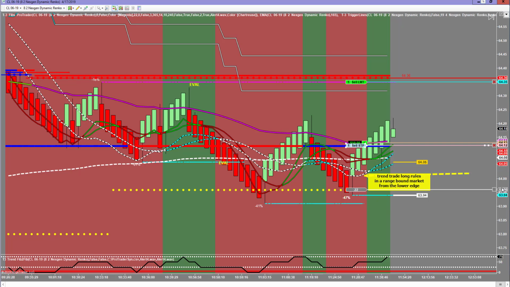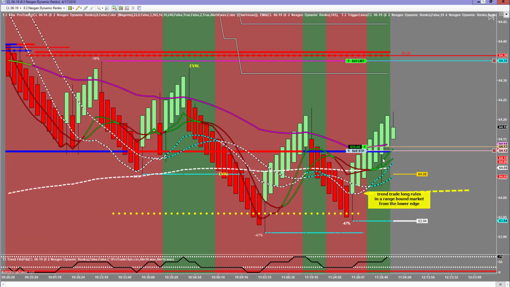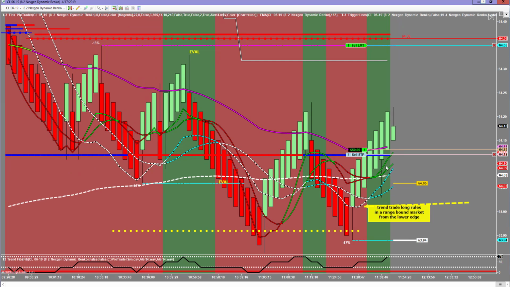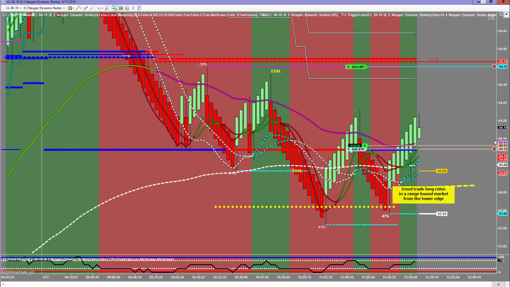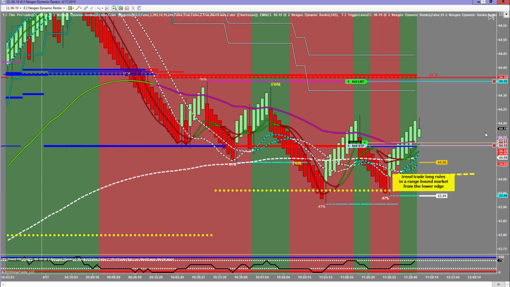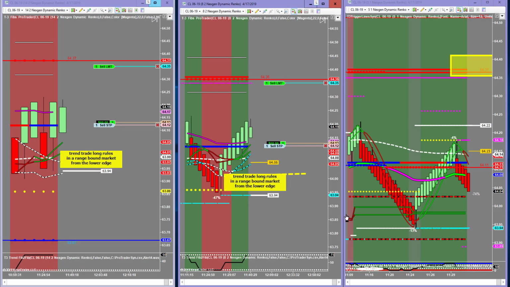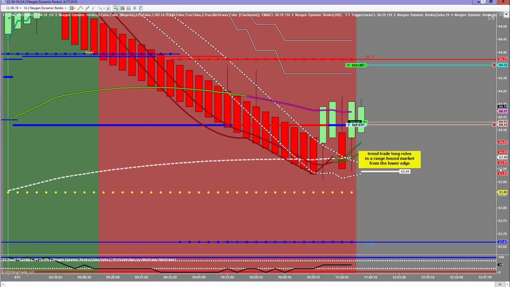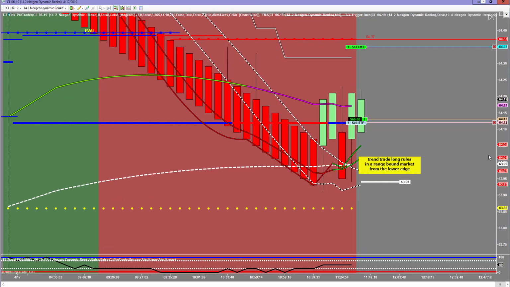When you read the trigger lines and the fibs and the fibs and triggers line up, the trades are going to jump off the screen to you. All right, no questions? Great.